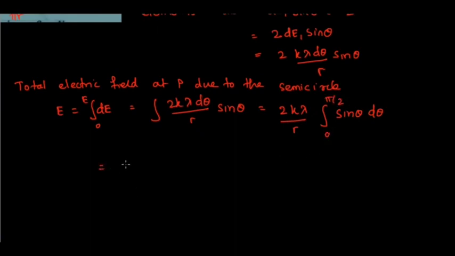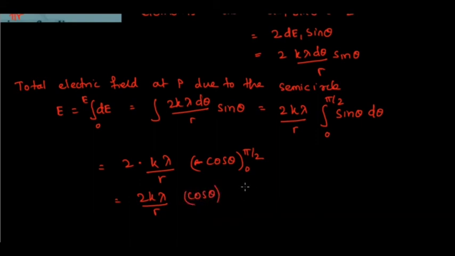So that is equal to 2k lambda by r; let me put the value of k later. The integration of sin theta d theta will be minus cos theta from 0 to pi by 2. That is equal to 2k lambda by r times cos theta, and now I will just interchange the limits.